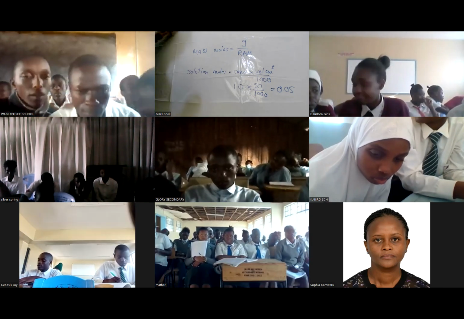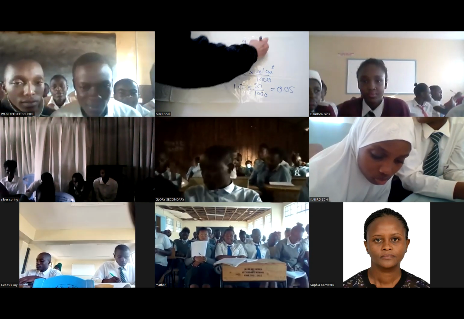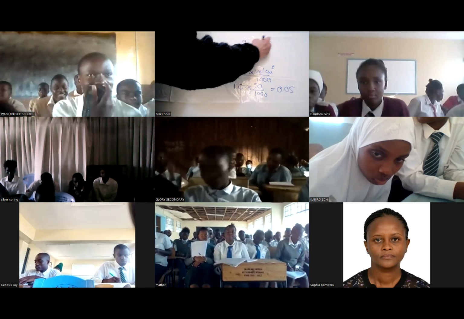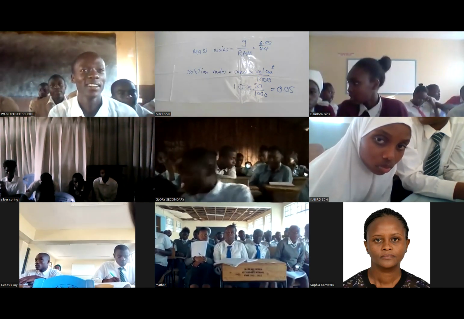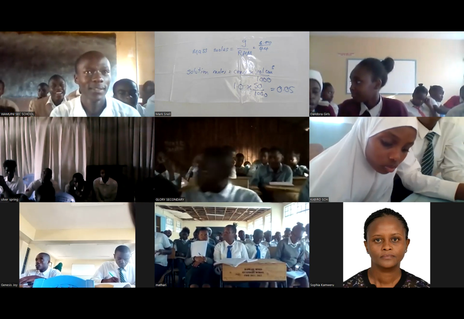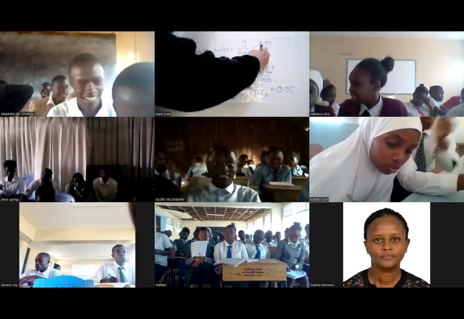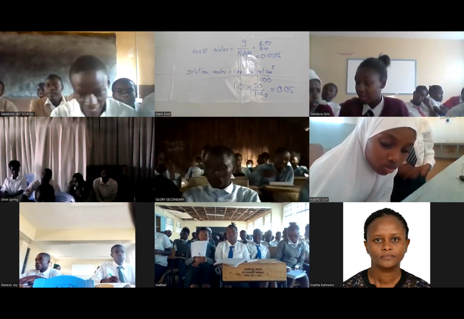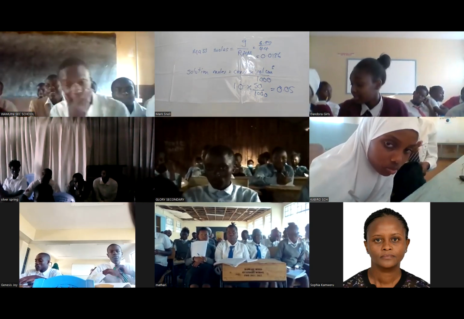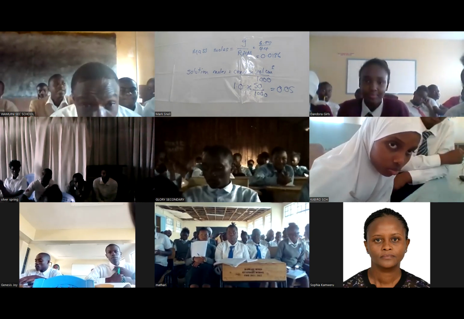With the propane, it was 6 over 44, and 6 over 44 was 0.01364, I think. Okay, that's how you work out moles.